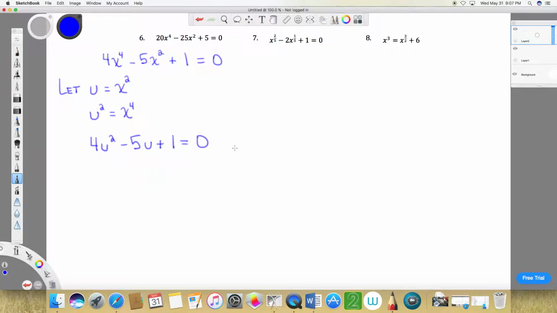Let's see if we can factor this. If we can't factor it, we can use the quadratic formula. With our x method, our middle term there is -5. The first term times the last term is 4u squared.